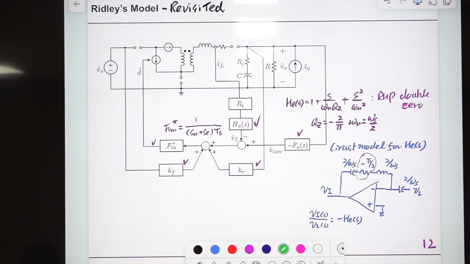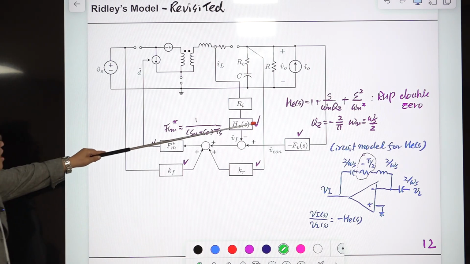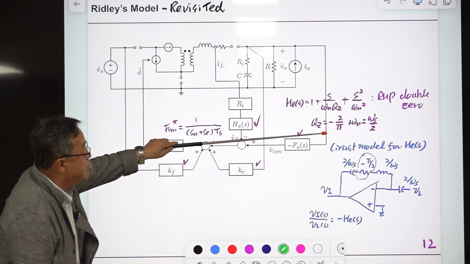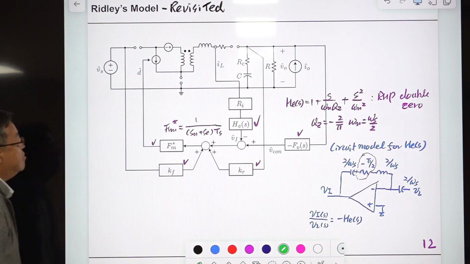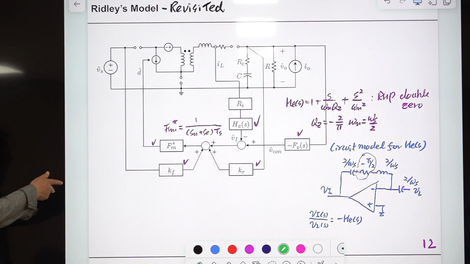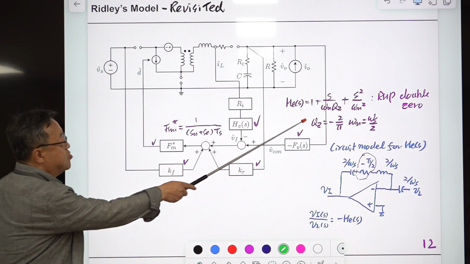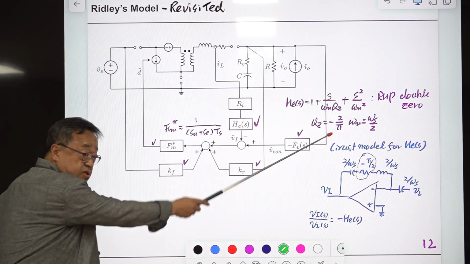We went through this previously, so this is the second visit. This model we visit, and FM star is this one, and HES here is this one, RHP zero. Sometimes you want to simulate this. If you use a program like MATLAB, you can use this minus sign here.